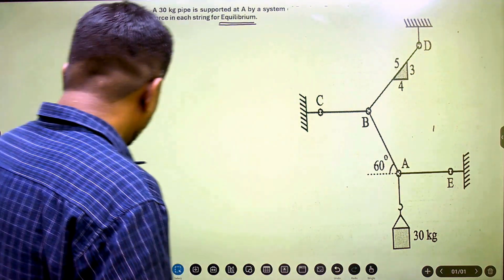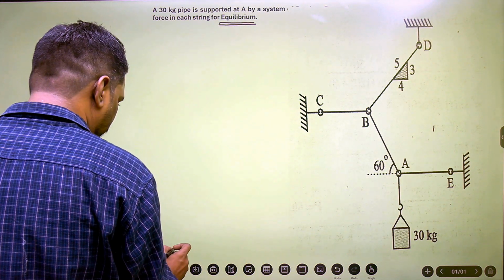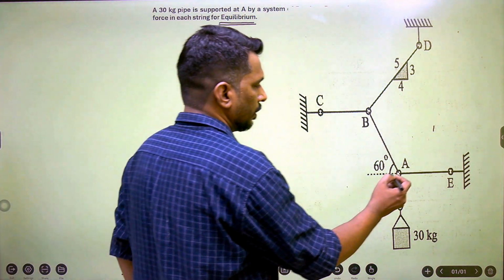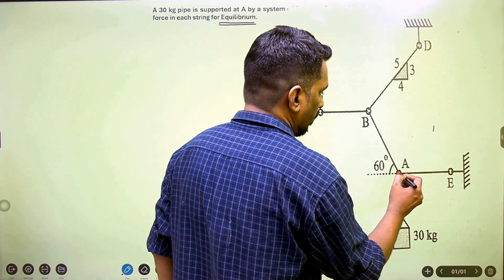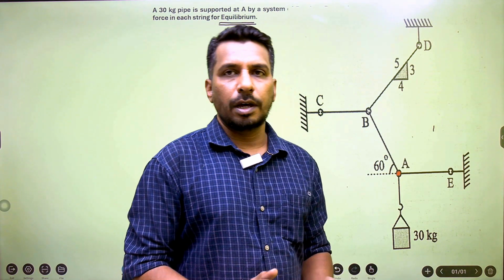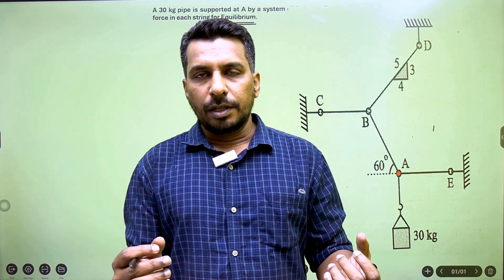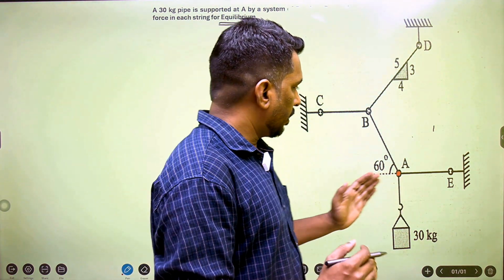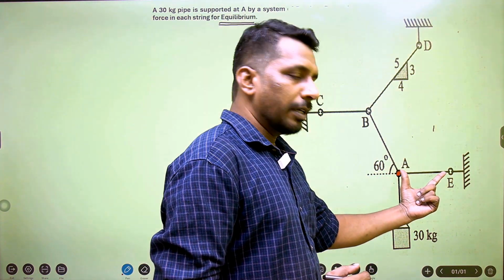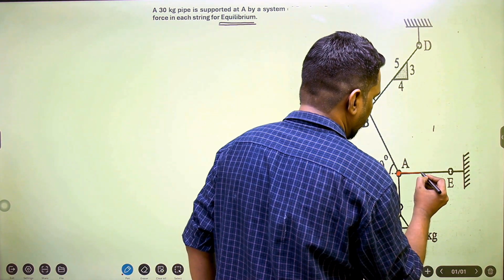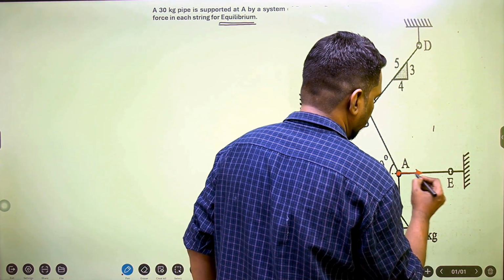So here, if I start with point A, the tensile force is always away from the body, it is acting away from the body. So if I consider point A, then the tension in the cable AE, while drawing the FBD, should be away from A. It should be shown like this.